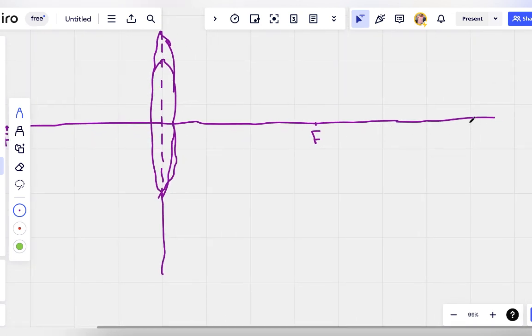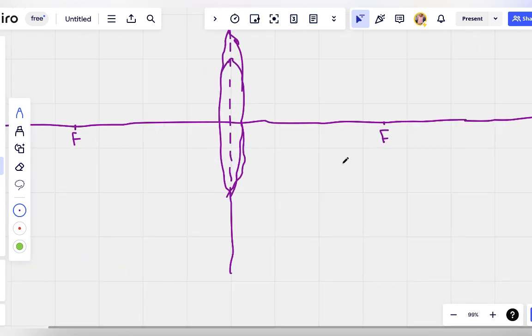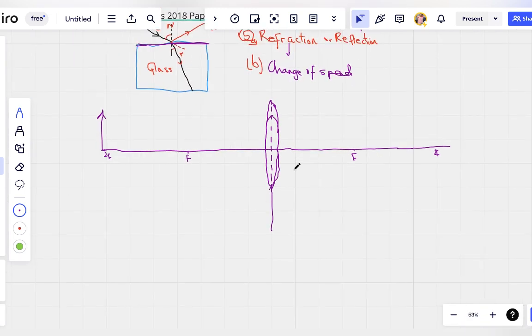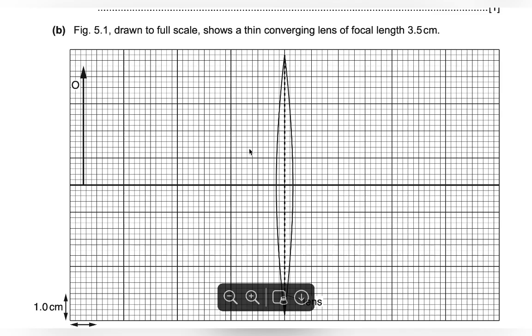Our 2f is here. Okay, now let's see what the question wants us to do. I reduced the size so that we can do it in one shot. What the question wants from us.